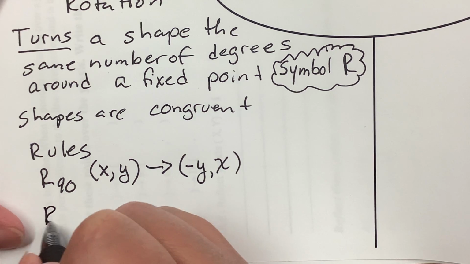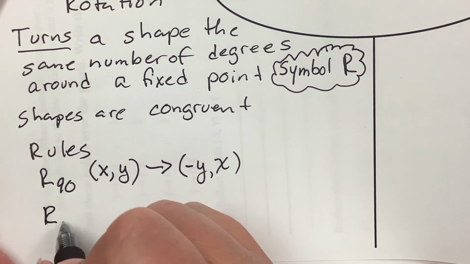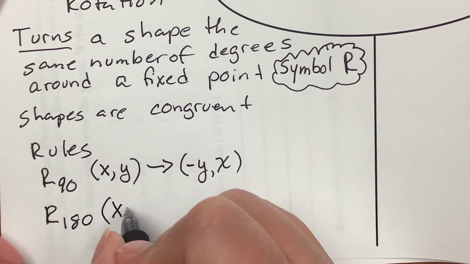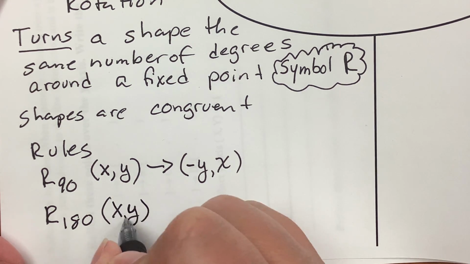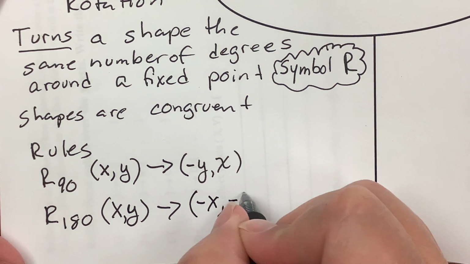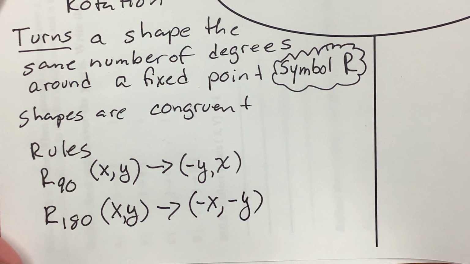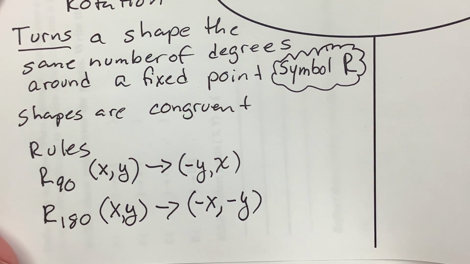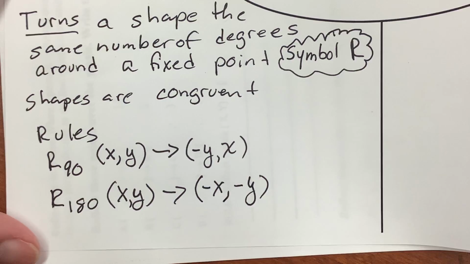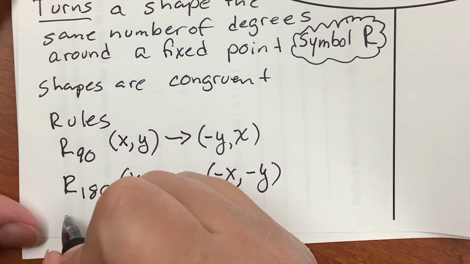And then rotation of 180 degrees: your x and y become negative x and negative y. Not negative, negate the x and y. That means change the sign, don't just make them negative.